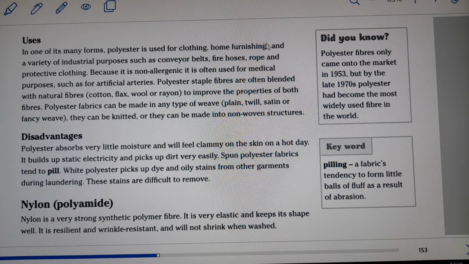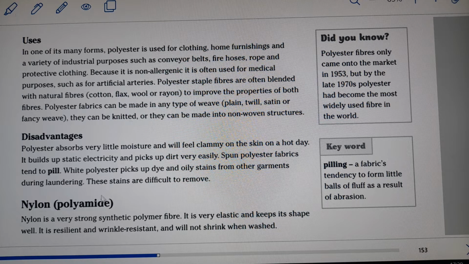Paragraph number 1, covered in the previous page, covered the description and the properties of polyester, and here we have uses of polyester that you have to learn and know, as you did with tables 9.2, 9.3. You remember those two tables, and you have to know the disadvantages, the description in the first paragraph, and the properties, the uses, the disadvantages of polyester.